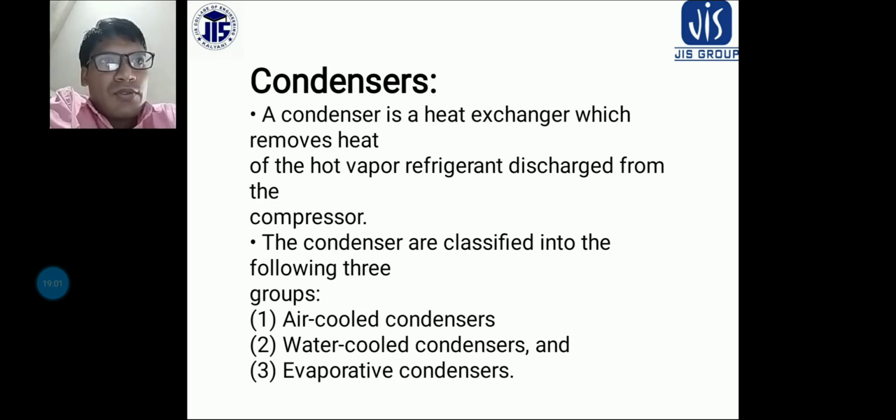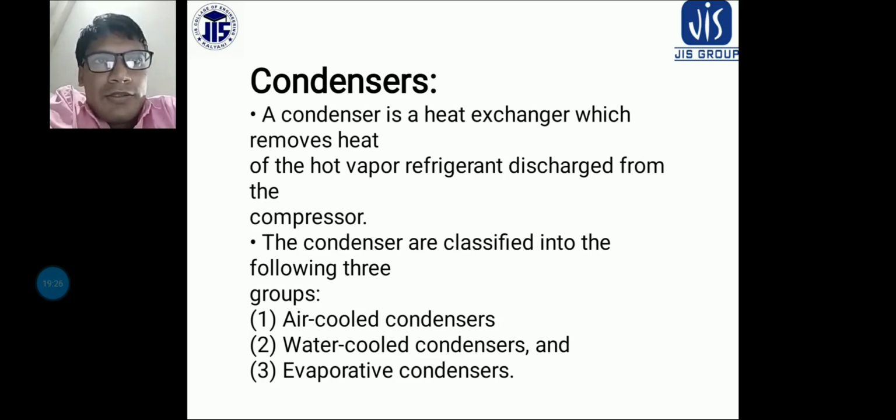The heat exchanger should have the following features: it should be inexpensive, compact, strong, and light. It should be easily cleaned and adaptable for replacement of worn out tubes, etc.